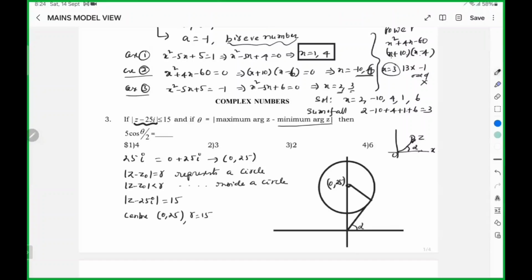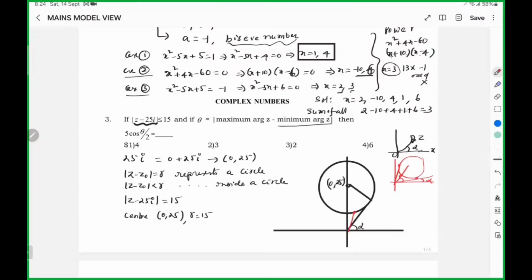Here you have different points. So this point argument, so different points will have different arguments. If you take a circle here, this point argument is this, right? This point argument is this. This point will have a least argument.